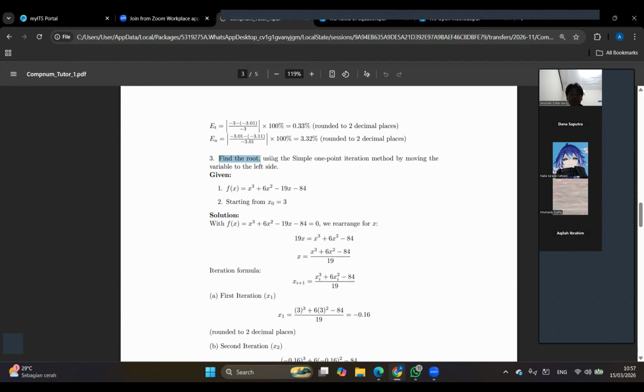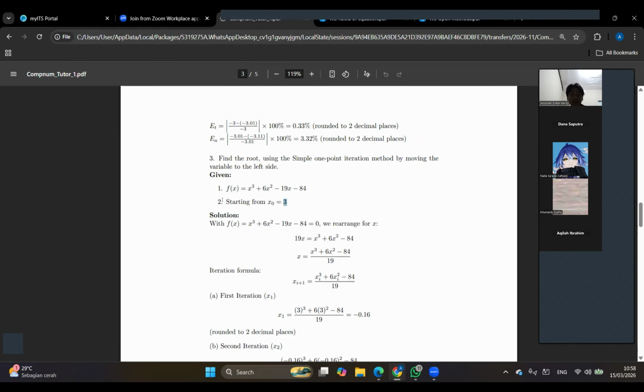We need to find the root of the function using the simple fixed point iteration. But we move the variable x. Oh, there's supposed to be x on the left side. So in this question, we move this x, the one with constant 19, to the left side, and the others to the right side.